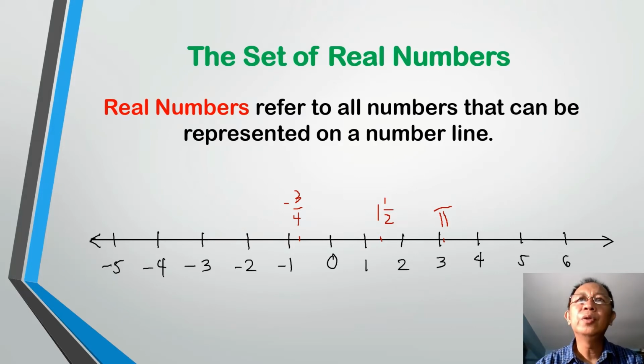So this is 1.5, so maybe around here. So here is the square root of 3. So all the numbers that we can plot here, all of those are real numbers. Okay? So decimals, fractions, pi, perfect squares, non-perfect squares, all of those are real numbers.